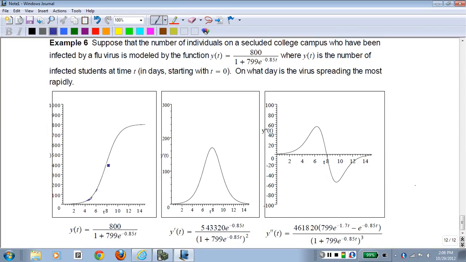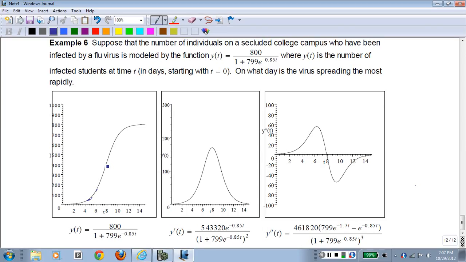Now, at some point, the number of people who've not yet been infected, but who are nevertheless susceptible to it, begins to diminish. So even though more and more people have it, a lot of folks have it around day 7 or 8. About 400 people are infected with it around day 7 or 8.